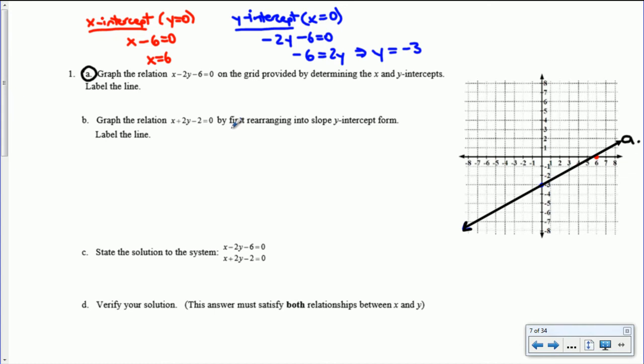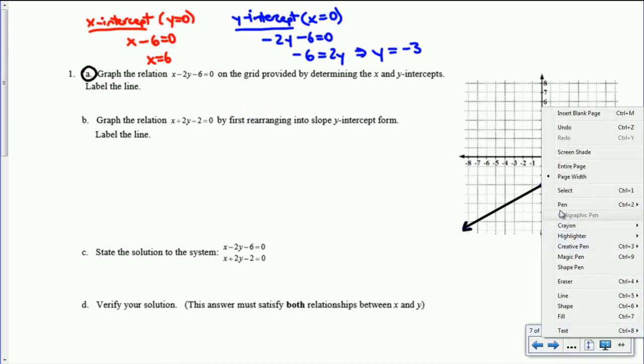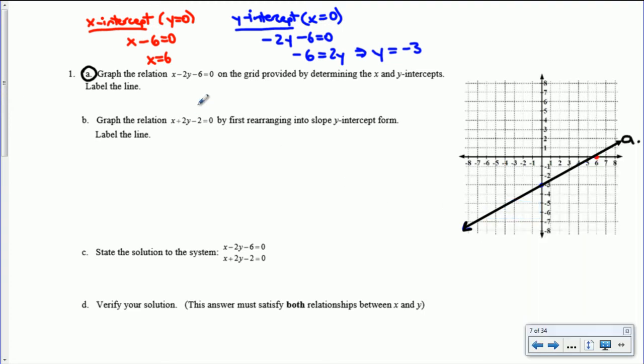Oh, okay, so this one it wants us to rearrange into slope y-intercept form, so I guess we can do that too. So we need to get y on its own. So we'll have 2y. I'll subtract x from both sides, giving me that, and I will add 2 to both sides, giving me that. And last I need to get rid of the 2, so I just need y on its own. So I'll have negative 1/2 x plus 1, right? 2 divided by 2 is 1.